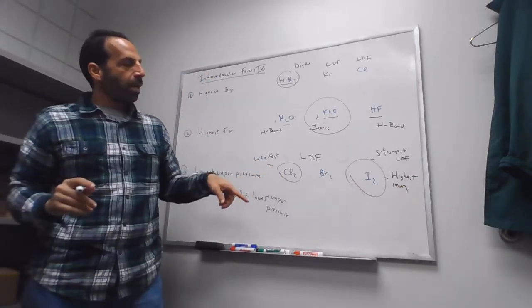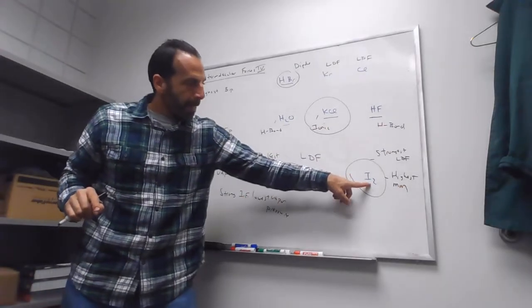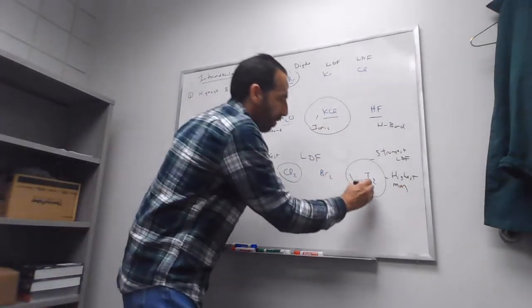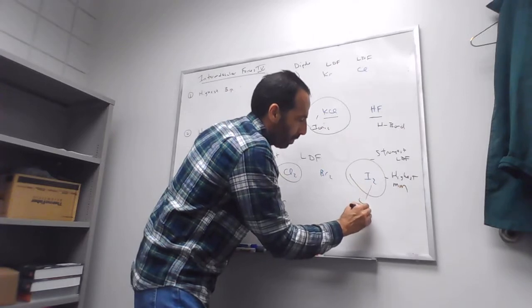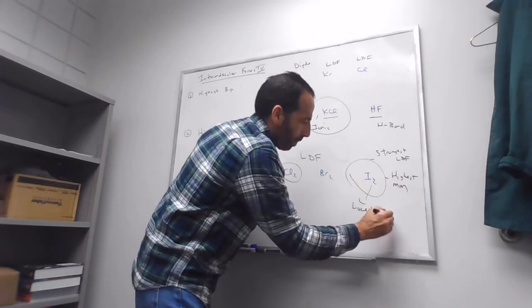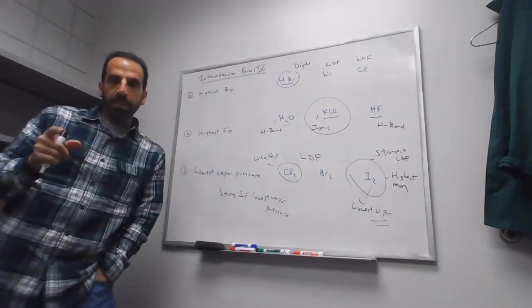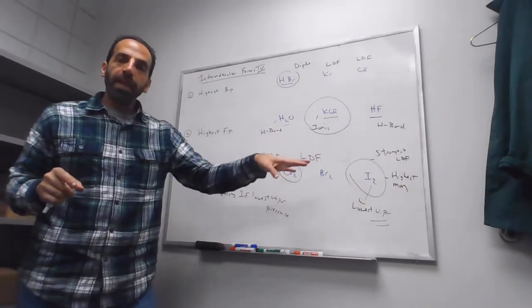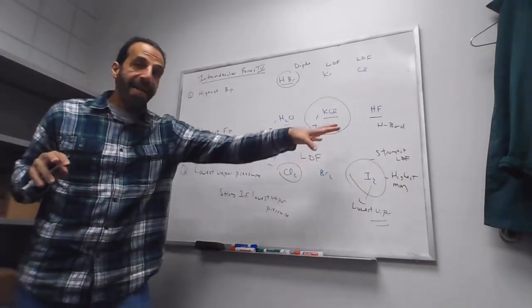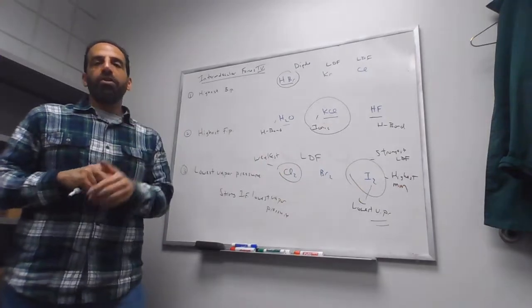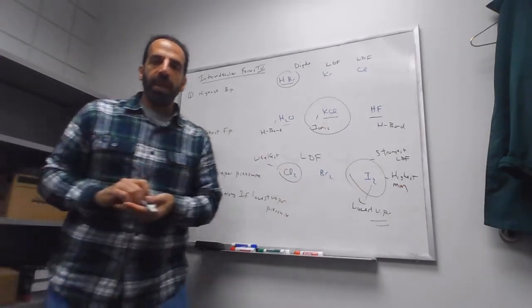And so in this case, iodine is going to have the lowest vapor pressure. So the strongest intermolecular force, in this case they're all LDF, so then you go by the size. Iodine is the biggest. That's going to have the strongest LDF and then the lowest vapor pressure.